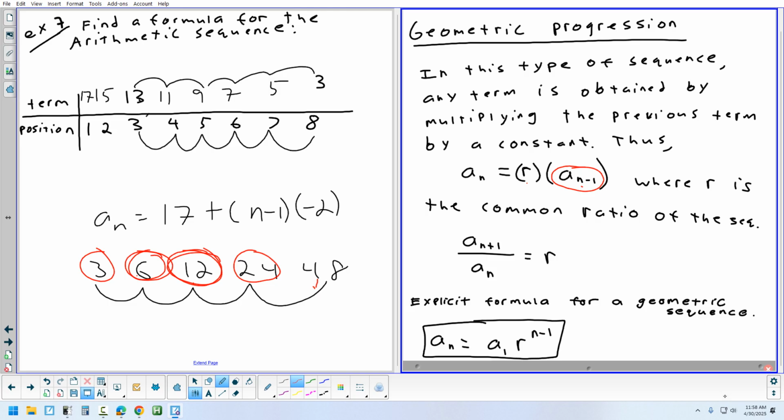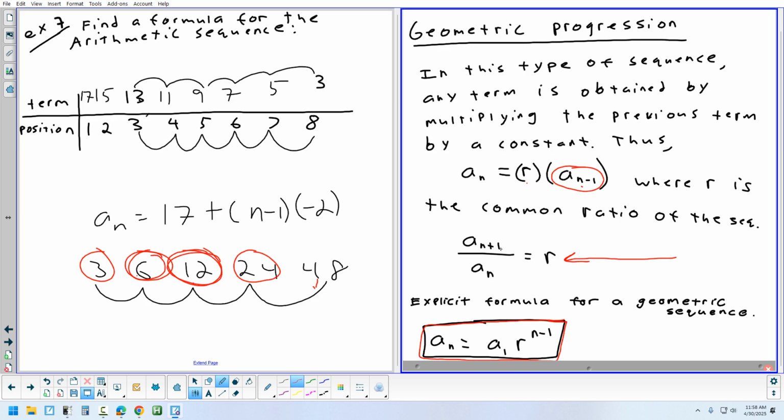So for a geometric sequence, this is the formula to calculate any term you want to know explicitly. This is just a hint how to find r if you're not sure. Take a term and divide by the one that comes before it.